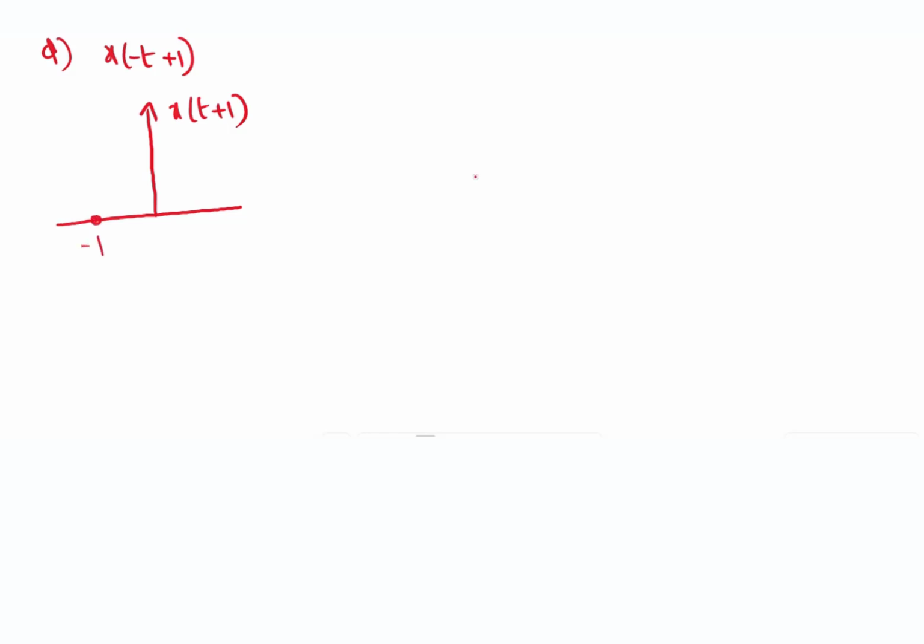The signal will shift to minus 1. Then you need minus 2. So you need this 1 also. Amplitude 1, this is 2. So this is ramp. Then step. This is the signal x of t plus 1.